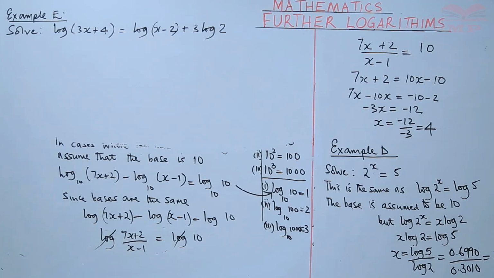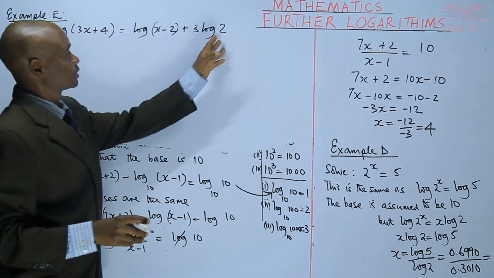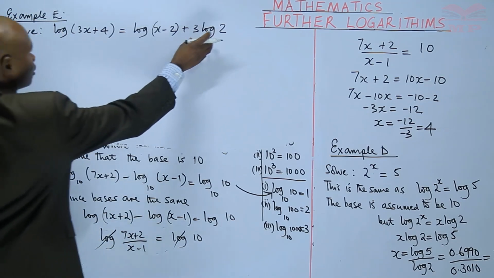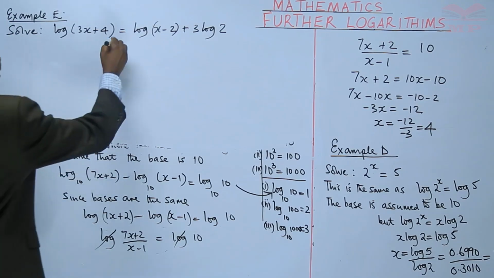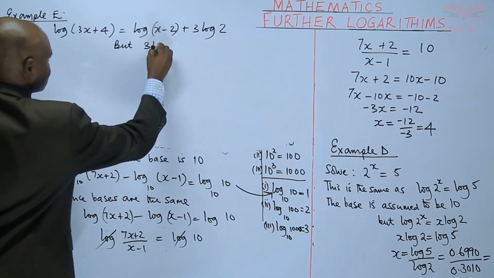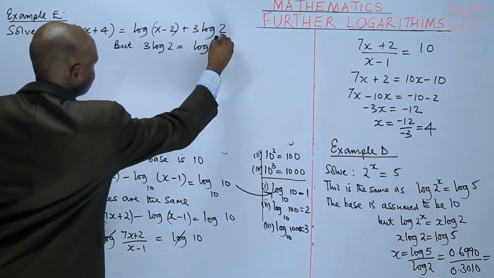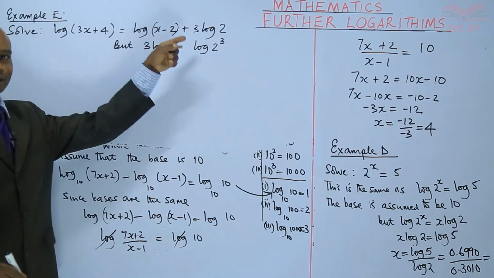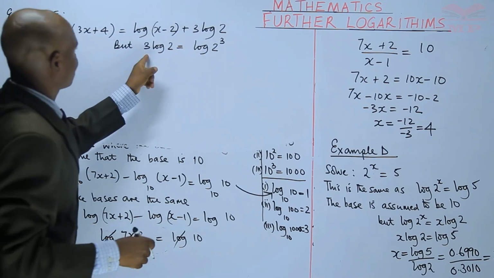As usual, we assume the log is base 10. You'd like the log only to remain on the left hand side. So 3 log 2 is equal to log 2 cubed. You take the 3 there, the laws of indices we proved in the other lesson. This is the same as that.